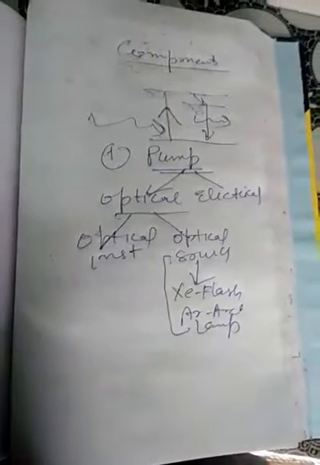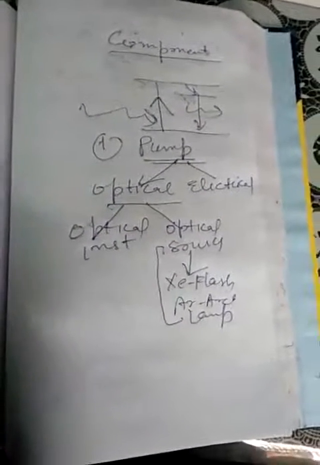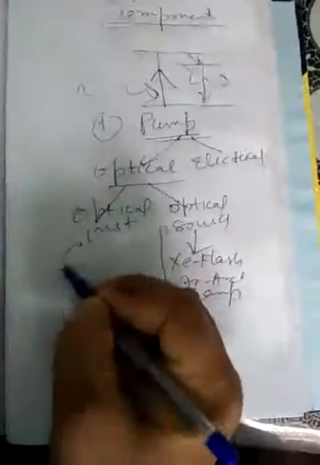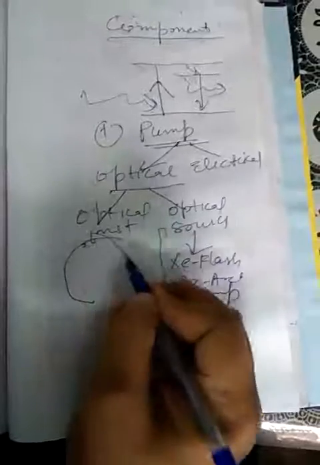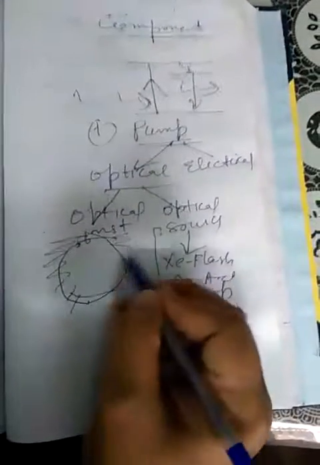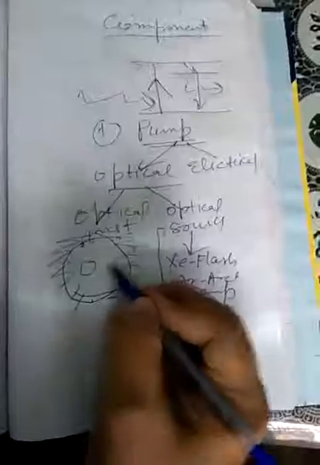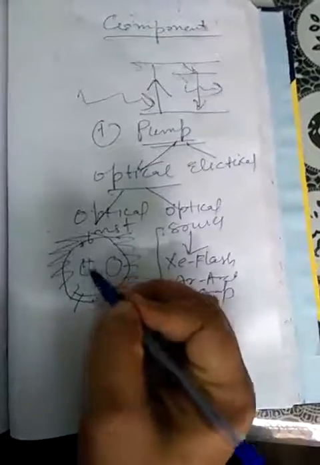But some materials are very sensitive to heat, so such pumps cannot be used. For that we use an ordinary instrument where we take two mirrors attached end to end, and keep the ordinary source at one end and the laser material at the other end.